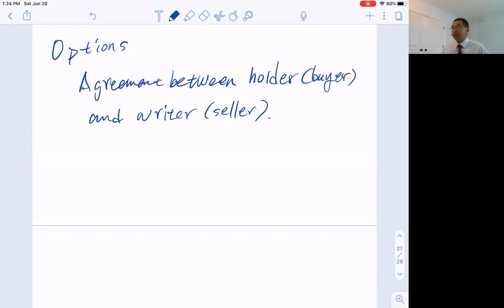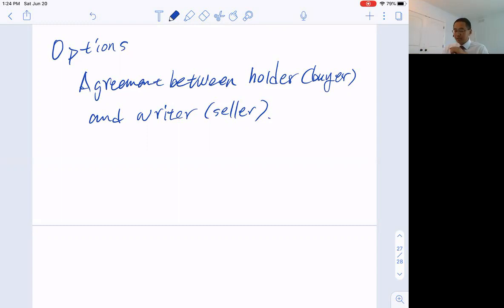That's what an option is. Now the holder has the right, but not the obligation, to buy or sell these currencies at any time through the specified date. The writer, which is the seller of the contract, has the obligation to fulfill that transaction.